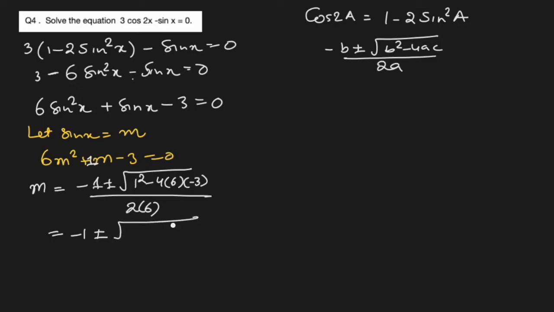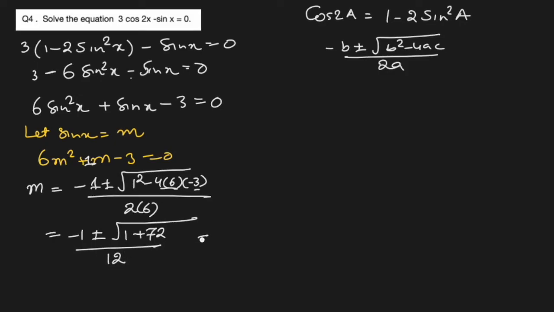Minus 1 plus minus square root of 1 plus 24 times 3, 72, over 12. So if I use this as plus, I get 0.6287, and if I use negative, I get negative 0.7953. These are the values of m, right?